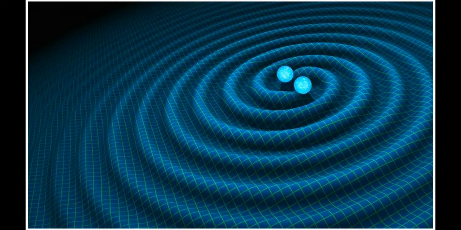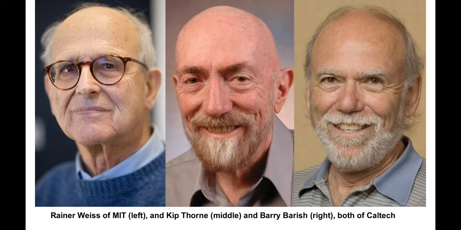Nevertheless, some people won a Nobel Prize for an experiment which is not very certain, absolutely not certain. It can be explained in many different ways. But they got the Nobel Prize for an experiment which, in their opinion, shows that such gravitational waves can propagate, and that the general theory of relativity is correct.